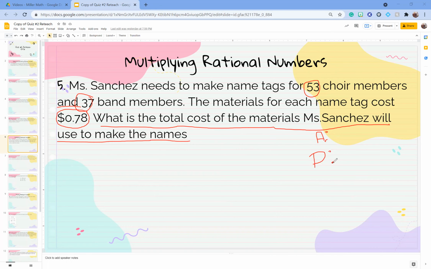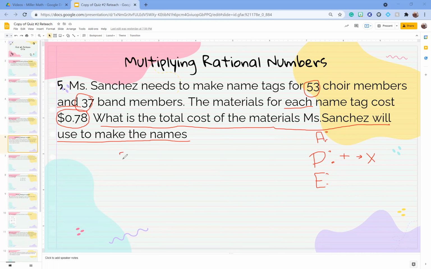So we're first going to have to add the number of people. Then we need to multiply by how much it costs to make each one. So here we have another keyword, each. Let's go ahead and work it out.